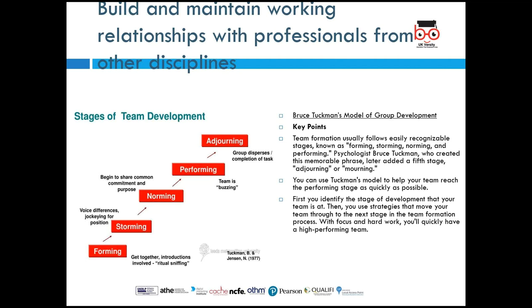Then you use a plan that can move your team through to the next stage in the team formation process. And then if we focus on hard work, we will quickly obtain a very high performing team.